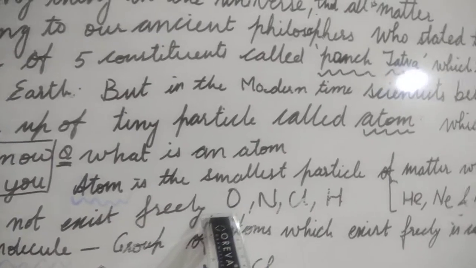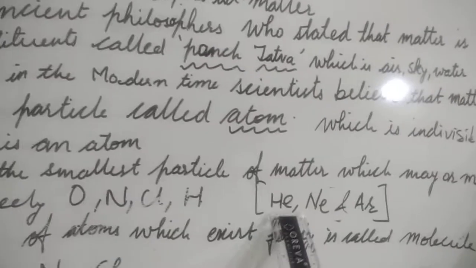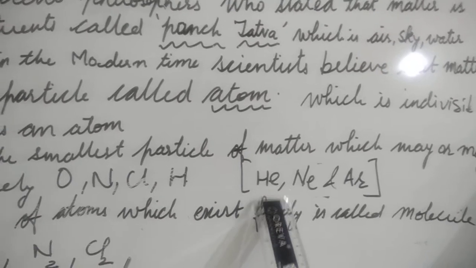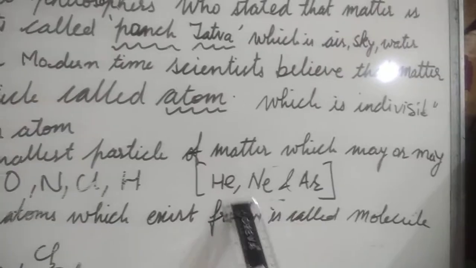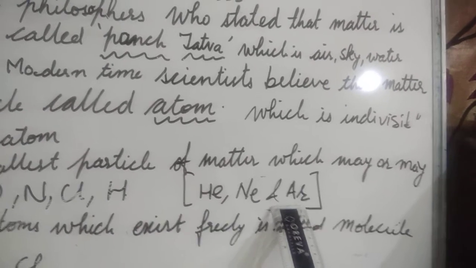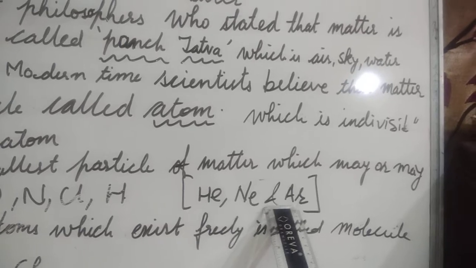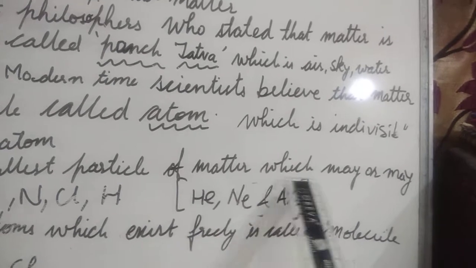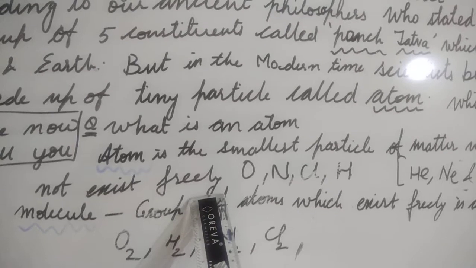Only some atoms, I think you are knowing these elements also, like helium, neon, argon. These elements only exist as atomic form. So, due to these elements, we are introducing a word that atom may or may not exist freely.